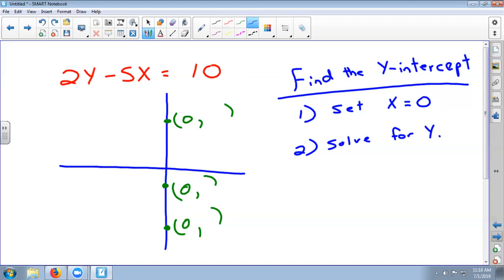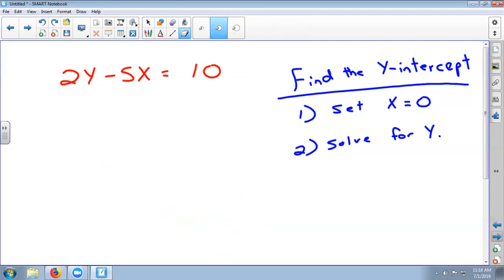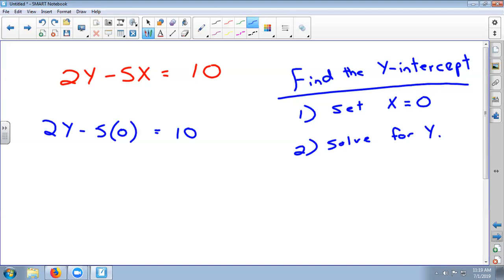Okay, let's do that. 2y minus 5 times 0 equals 10. -5 times 0 is 0. 2y minus 0 is gone.